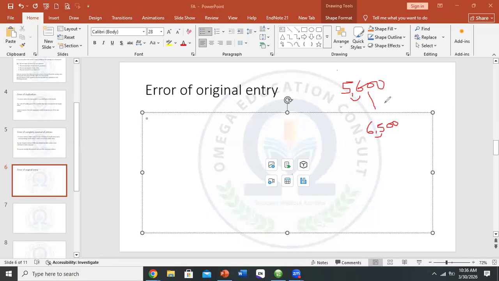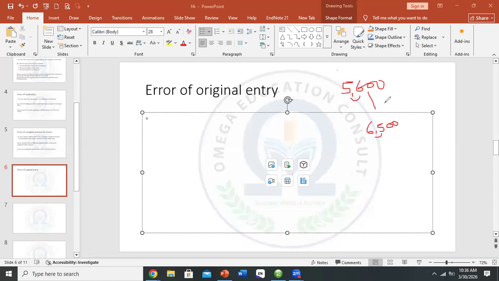He uses the transposed figure in recording the transaction. So that means he used that transposed figure, which is wrong, to do the debit and the corresponding credits.